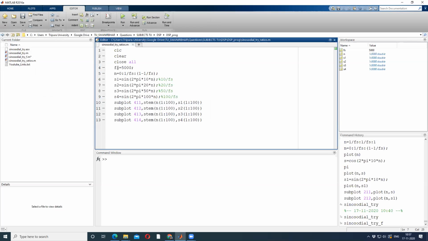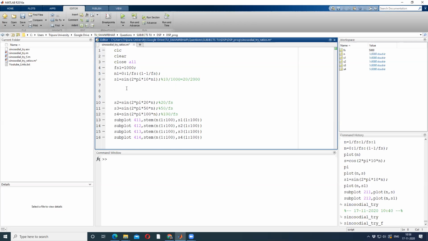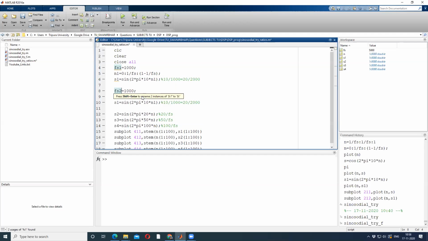So here we have fs1 equal to 1000, n1, this s1 is using n1, and this 10. So 10 is to 1000 equal to 20 is to 2000. So to show that, let's take this signal and again paste it here, but here I'll make it fs2. This is 2000, this is n2.